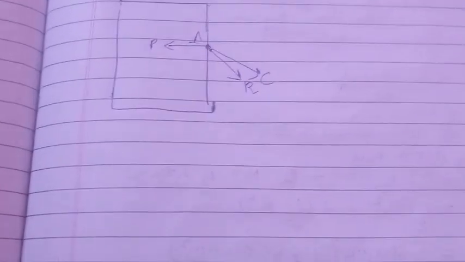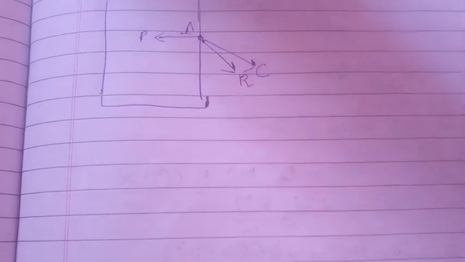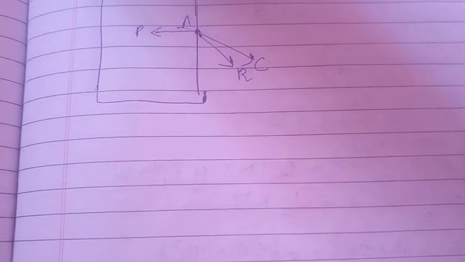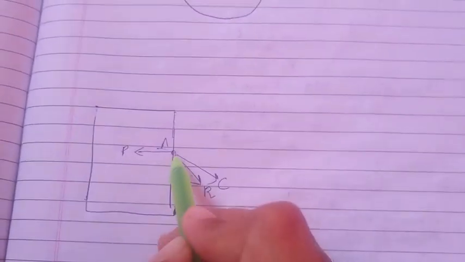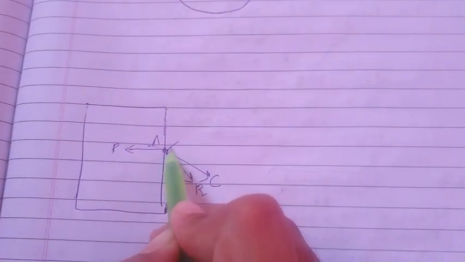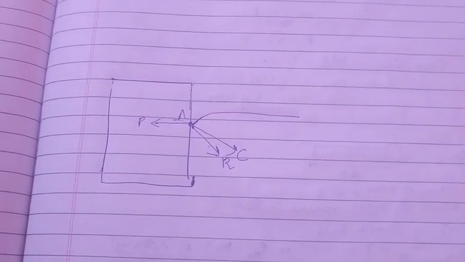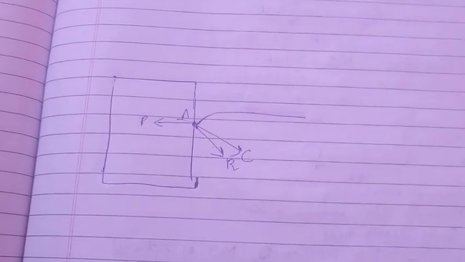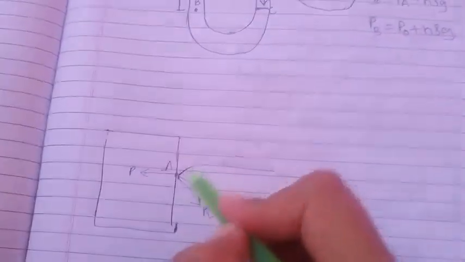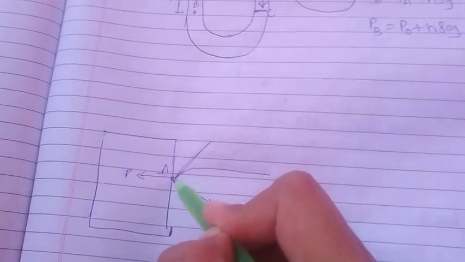Again the same thing applies: for the stability of the liquid, the net force acting on all the molecules should be normal to the liquid surface. Since this net force should be normal to the liquid surface, we get a convex meniscus, so that this net force is normal to the tangent at that point.